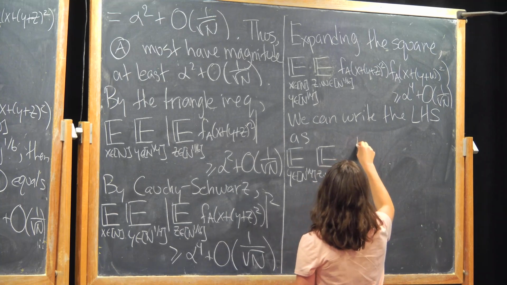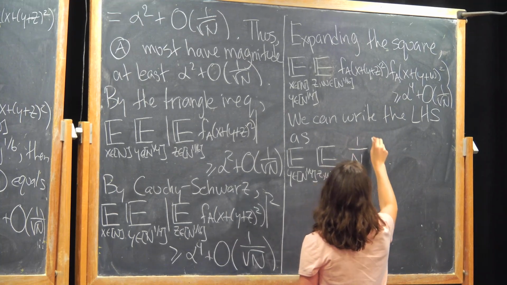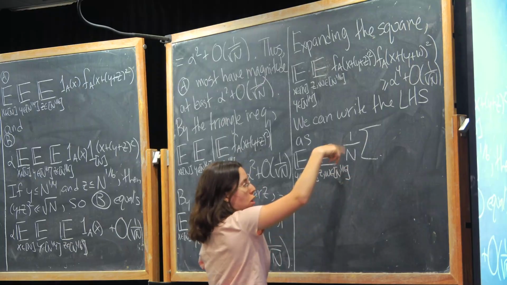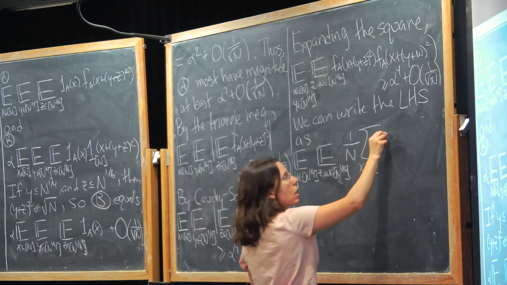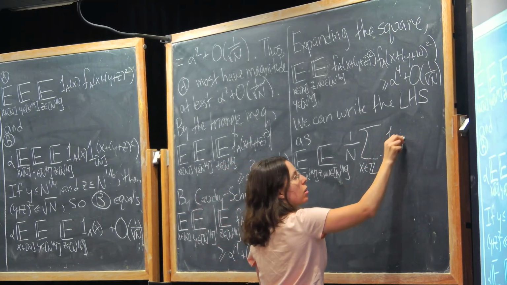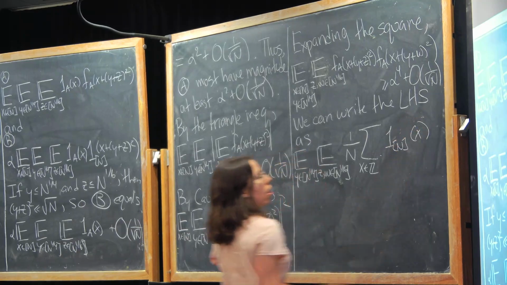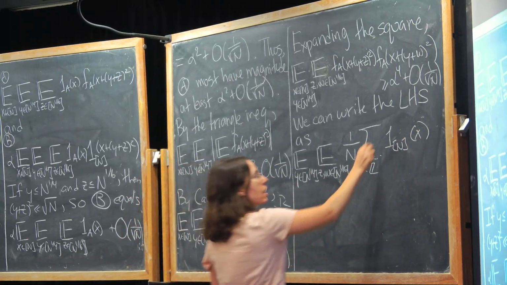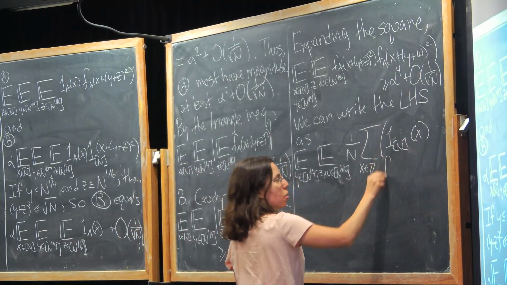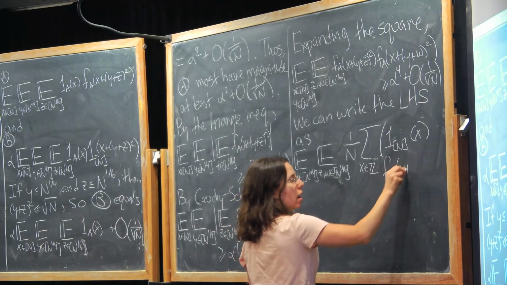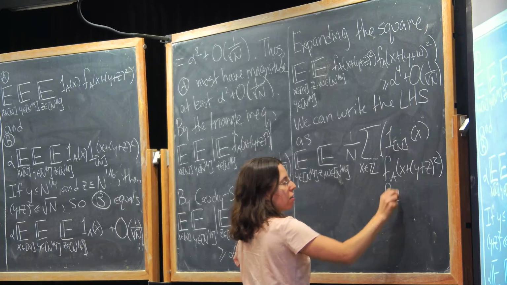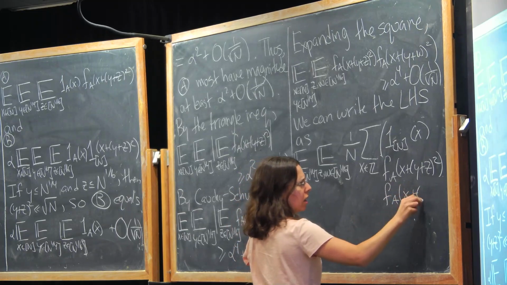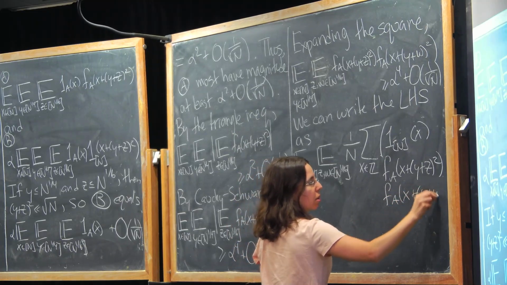And then the average over x is going to become the sum 1 over n times the sum over x in all the integers, indicator function of the first n integers. Okay, now I've run out of space. Then balanced function of x plus y plus z squared, balanced function of x plus y plus w squared.